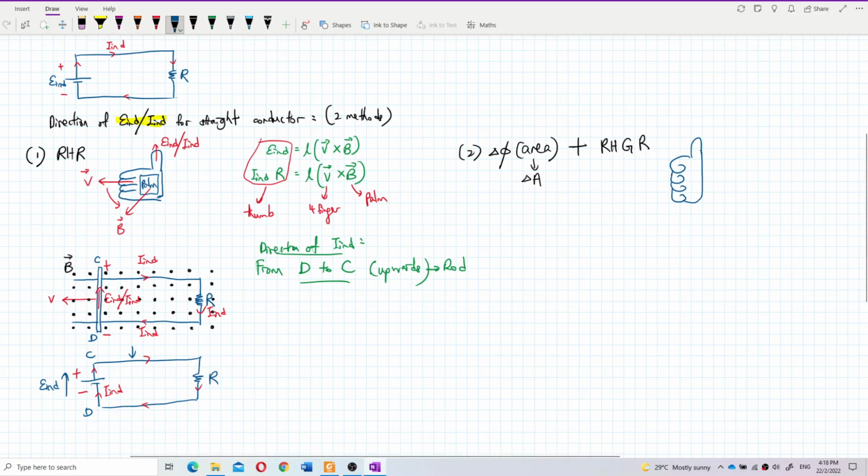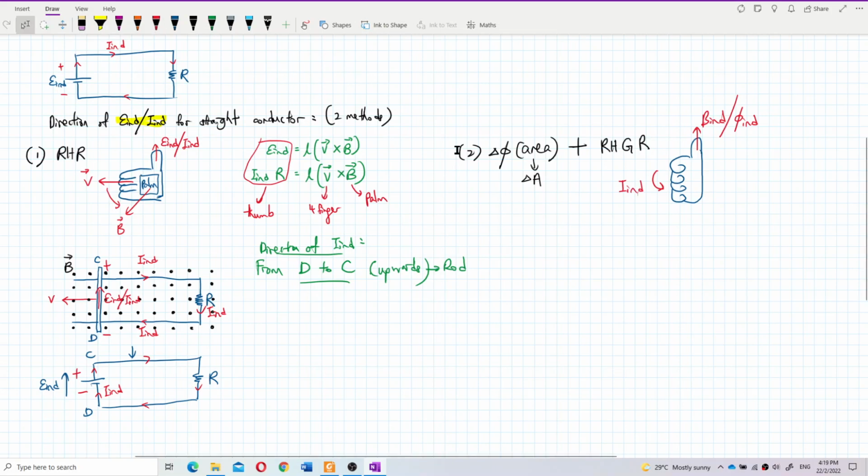The thumb is the induced magnetic field or induced flux, and then the finger is the induced current.